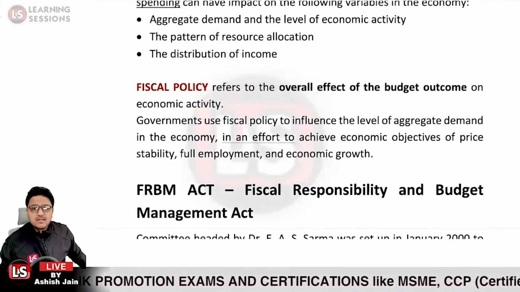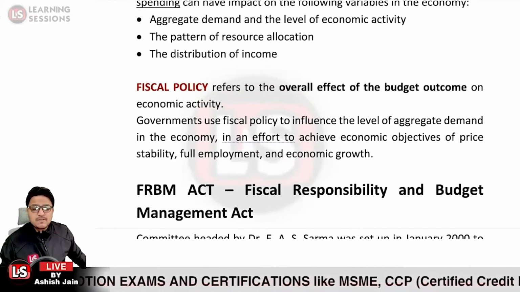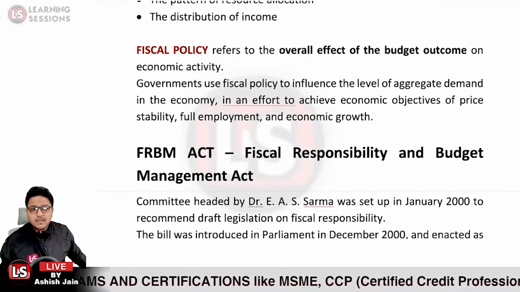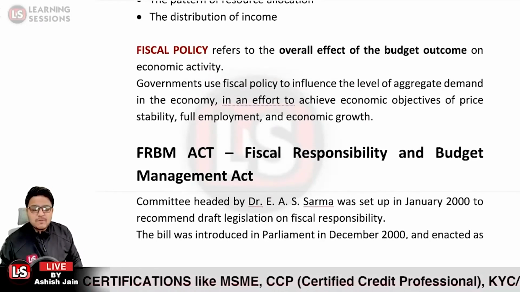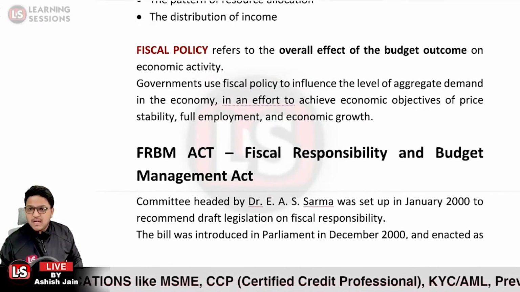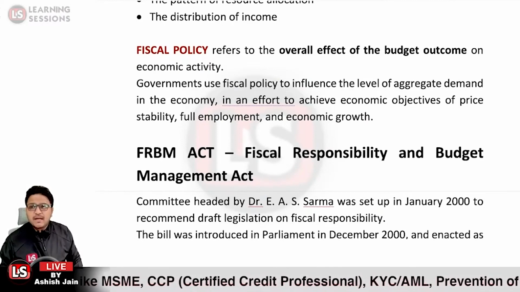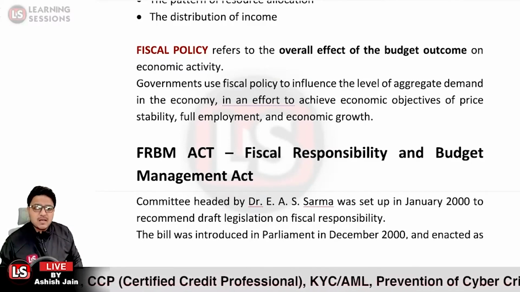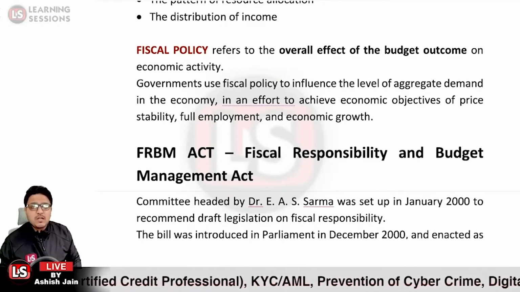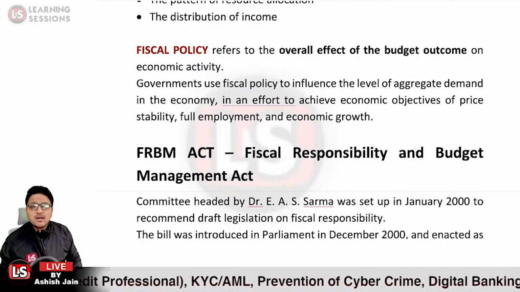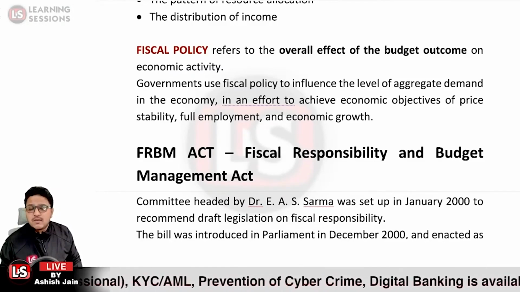Let us consider the FRBM Act, that is the Fiscal Responsibility and Budget Management Act. A committee headed by Dr. E.A.S. Sharma was set up in January 2000 to recommend draft legislation on fiscal responsibility.